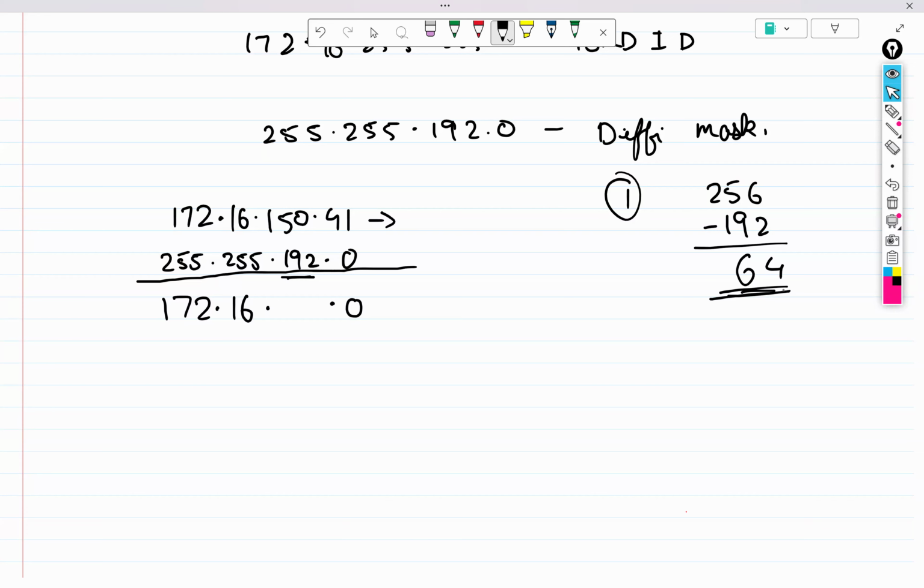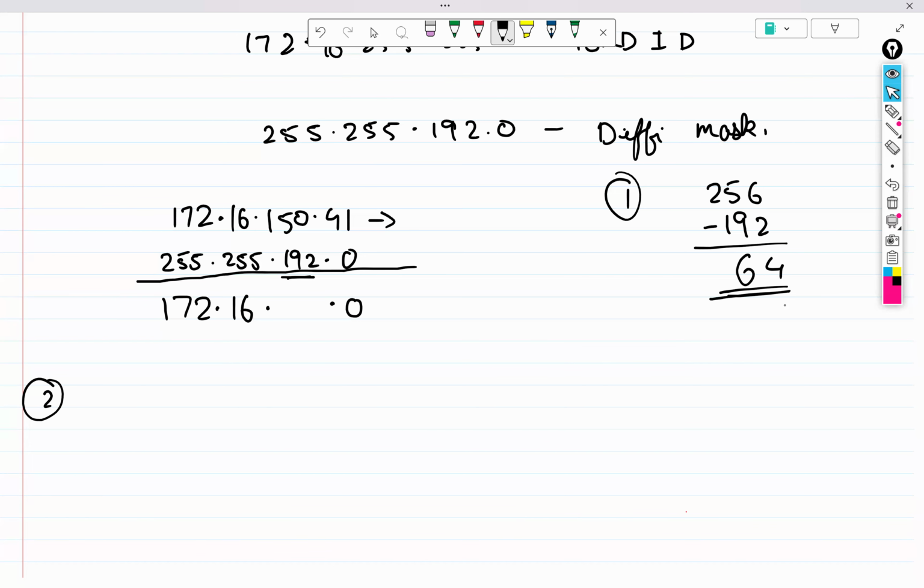Now the second step is to take this remainder number and write down the multiples of 64. Whatever remainder you get, here we got the remainder as 64. In some other subnet mask, you may get some other remainder, but we'll talk about other subnet masks later.